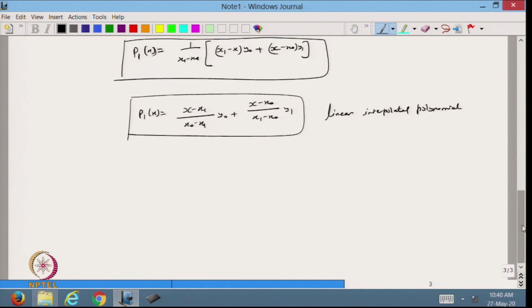Now, this coefficient and this coefficient have some specific names.